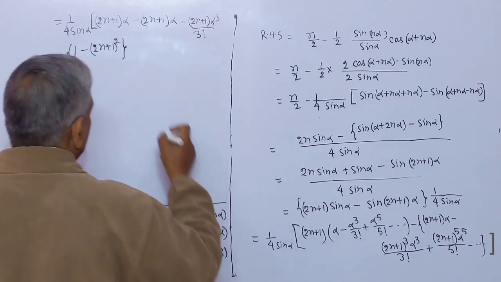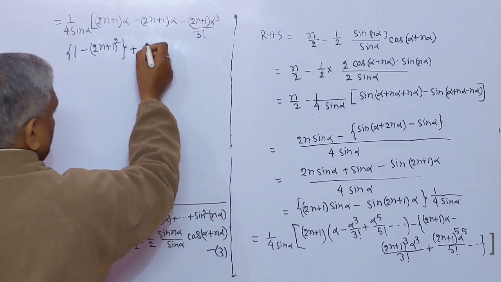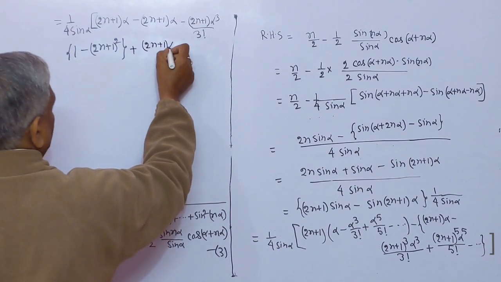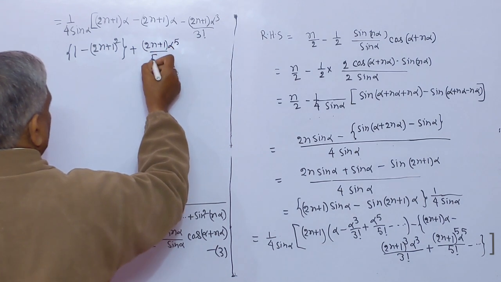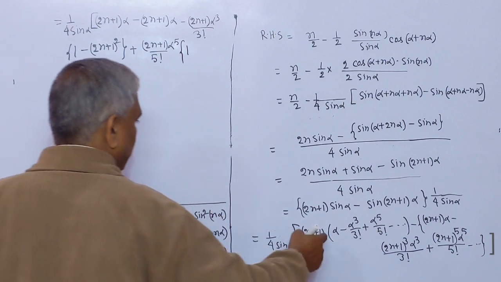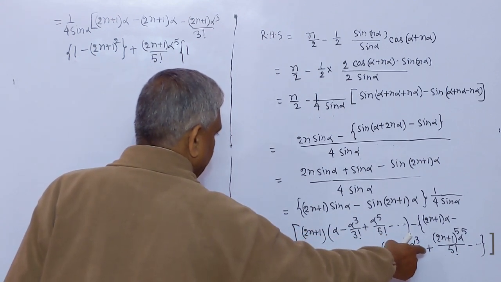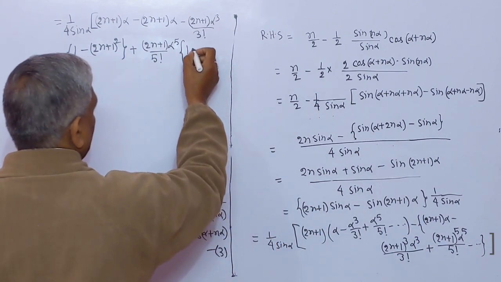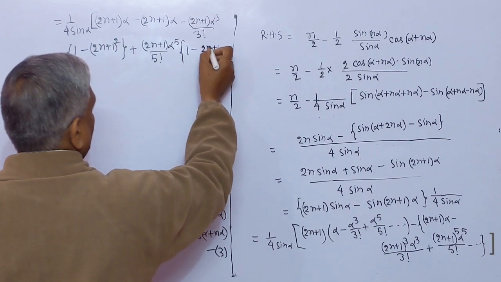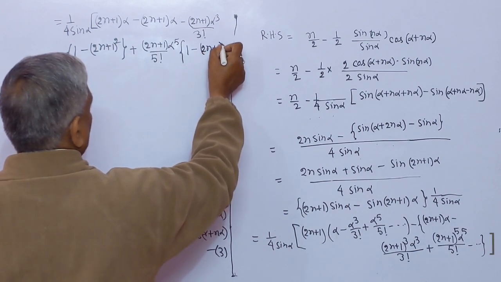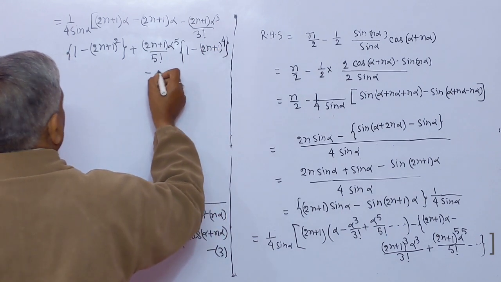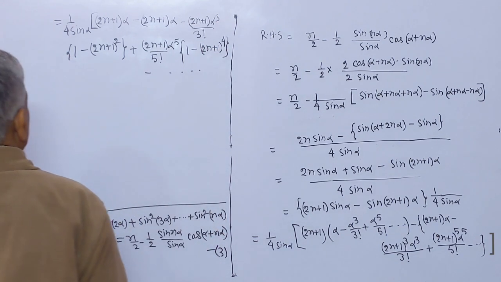Now we take common (2n+1)α to the power 5 by factorial 5. Here remains 1, and in the second bracket minus (2n+1) to the power 4 and minus so on.